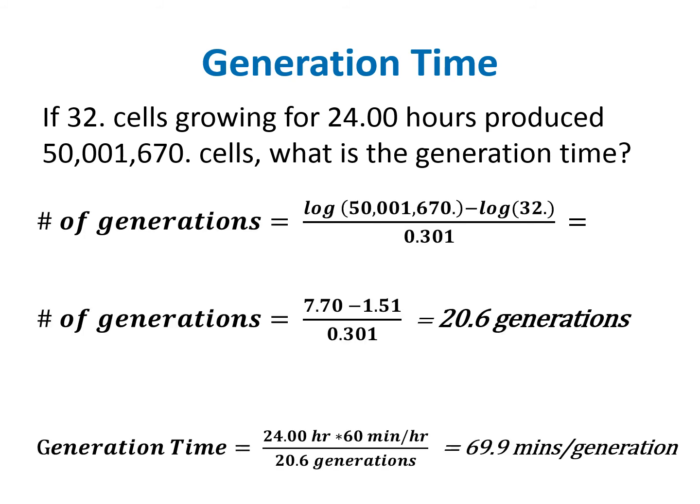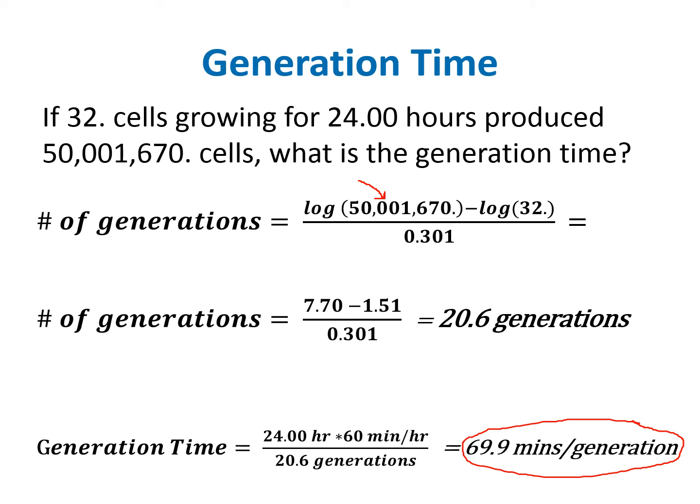All right, did you get 69.9 minutes per generation? Let's see how to get that. You're going to put 50,001,670 into the equation. So remember, it was the log times the end number of cells minus the log times the beginning number of cells. So we've got the log of 32.